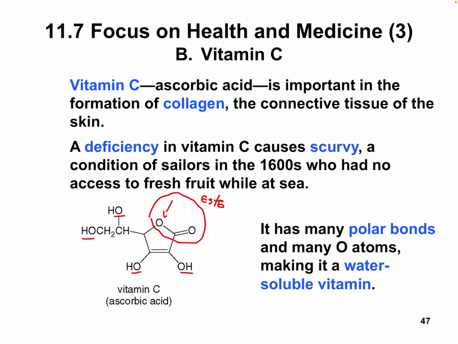So we've got an ester functional group and a number of hydroxyl functional groups, or you can call them alcohol functional groups. Now, because of that great number of very polar bonds, we say that vitamin C is a water-soluble vitamin, all right? It is very like water in the way that it does its intermolecular forces. It's very, very soluble in water.